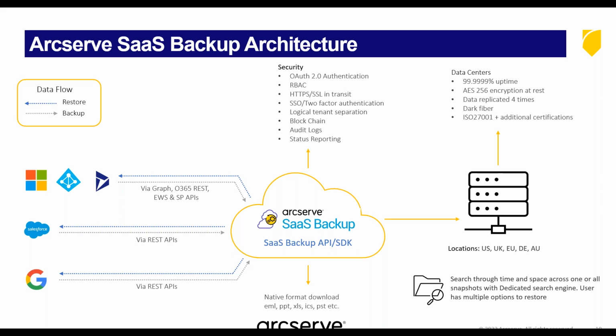Each location has two sites, meeting a 3-2-1 strategy, and a total of 4 copies of the data. You're able to perform very fast search across one or all the snapshots with a dedicated search engine. There are multiple restore methods, whether to the original or to an alternate location.